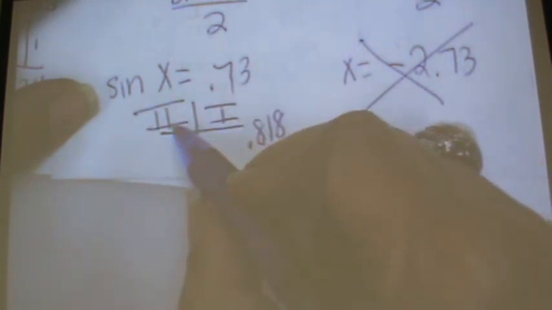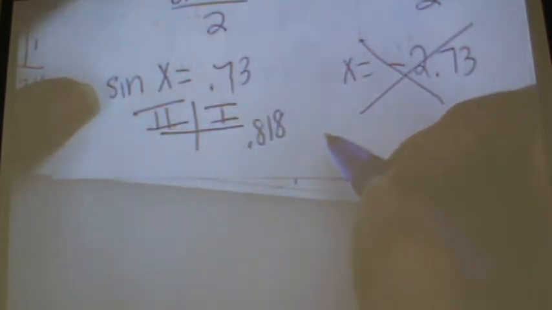So you hit inverse sine 0.73, you get 0.818. That's one of your answers, and then do pi minus 0.818, and you get 2.32. And there's your other answer.